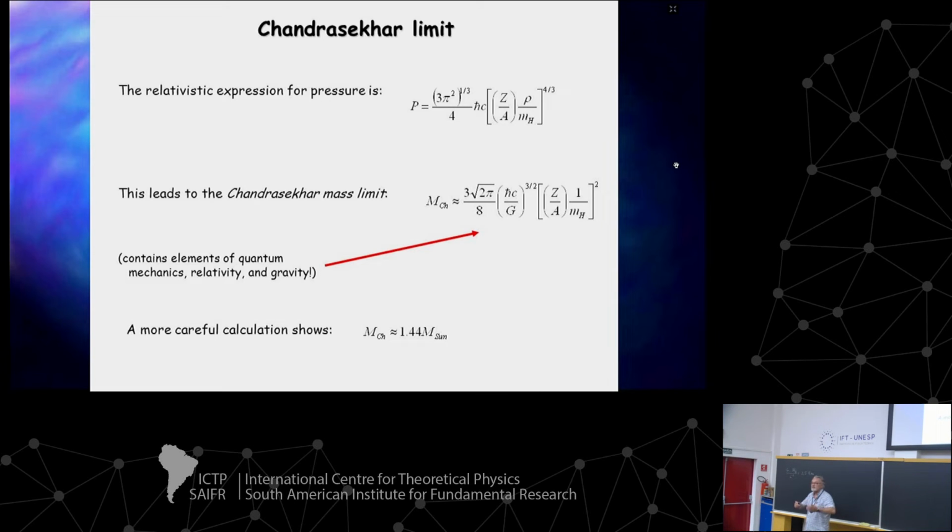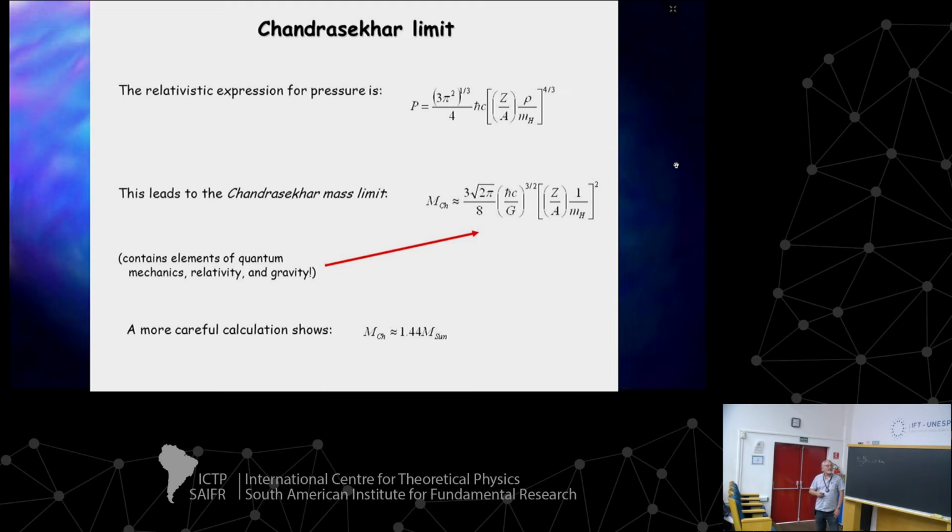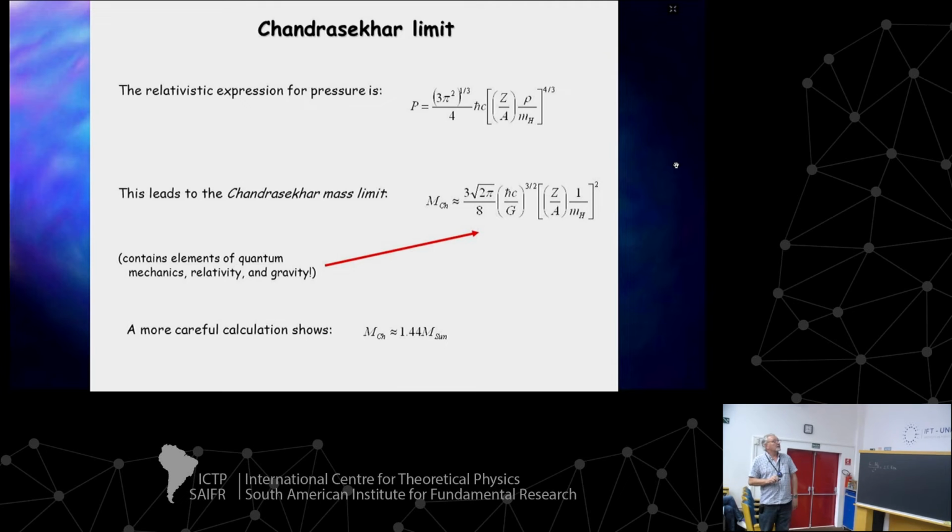Of course, it's an extreme case, and he obtained 1.44 solar masses. So white dwarfs cannot have a mass higher than this. In fact, until now, the maximum observed is 1.38 with some uncertainty. So I think we really understand white dwarfs.